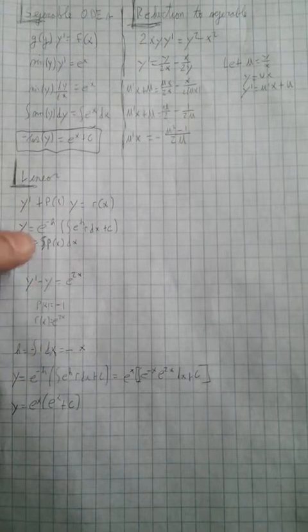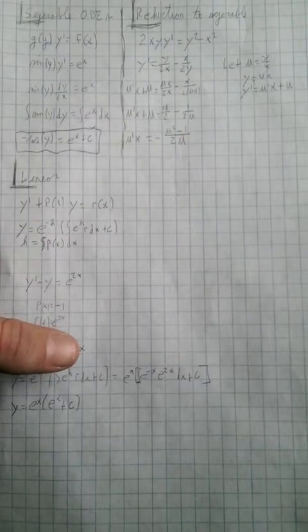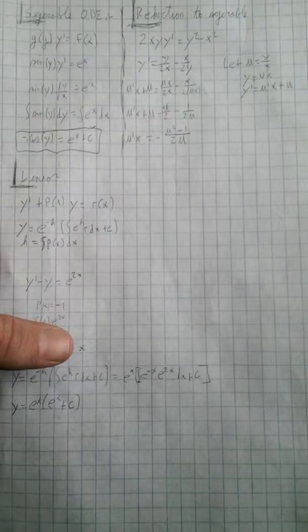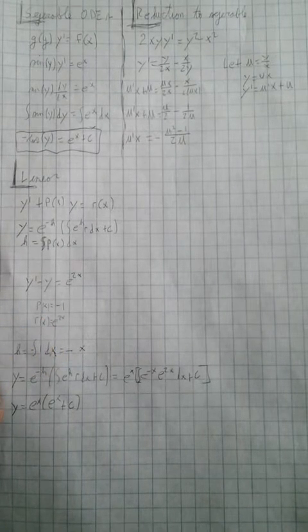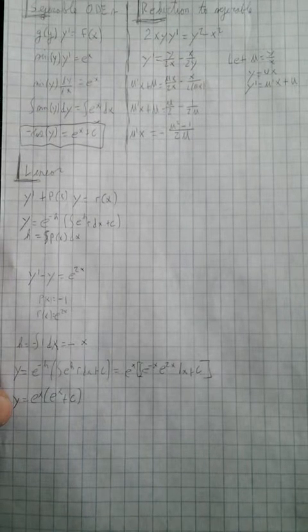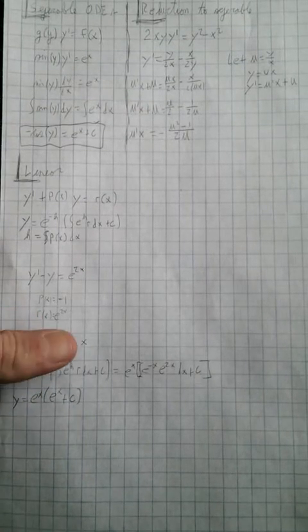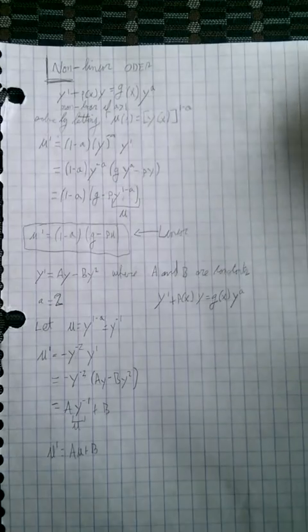Right now we're just plugging these values in, and it turns out to be e to the x times the integral of e to the negative x times e to the 2x dx plus c. And we further simplify, and you end up with y equaling e to the x times e to the x plus c.